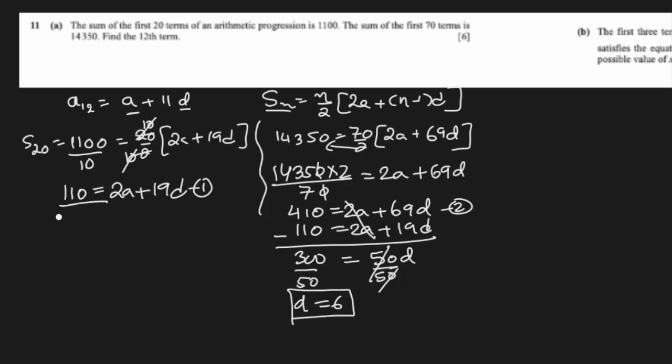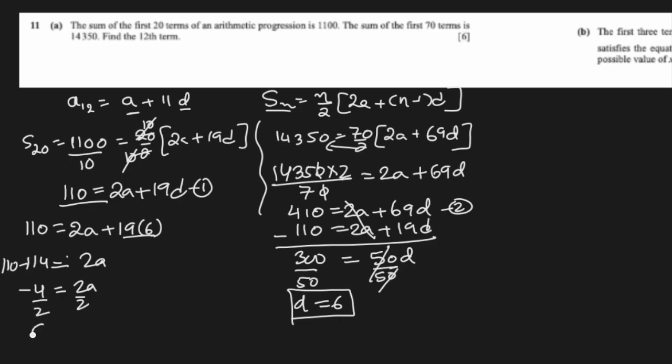We can find A by using this one. 110 equal to 2 times A plus 19 times 6, which is 114. So 110 minus 114 equal to 2A, minus 4 equal to 2A. So A is negative 2.